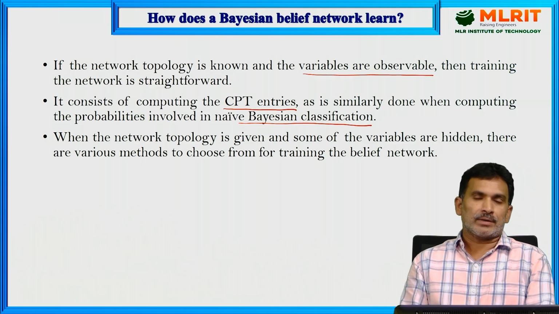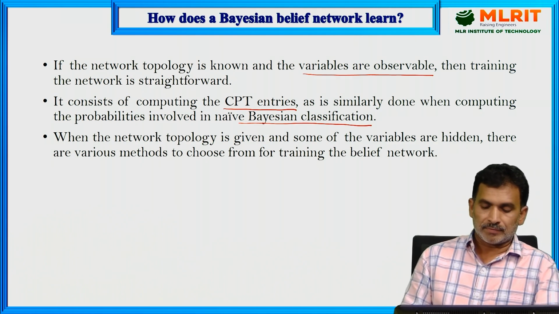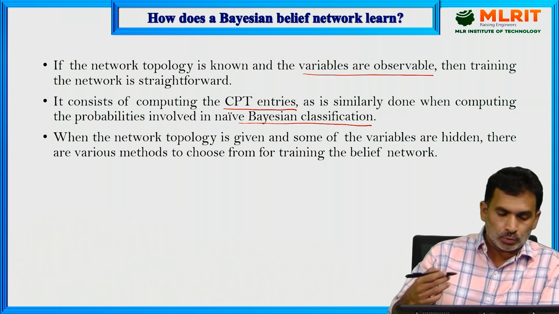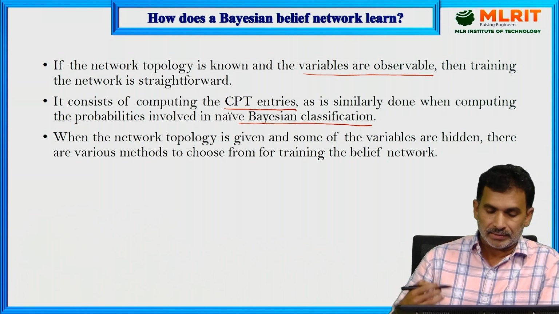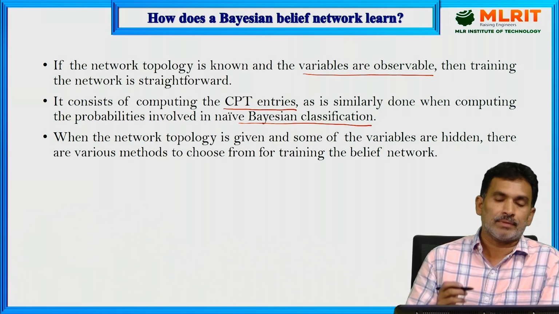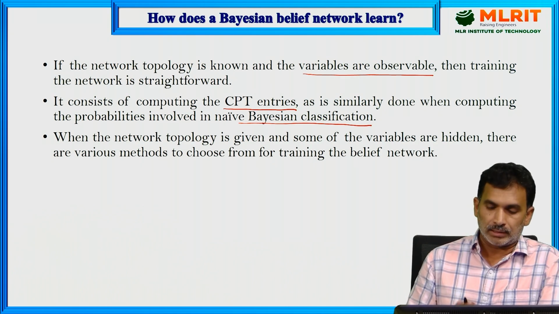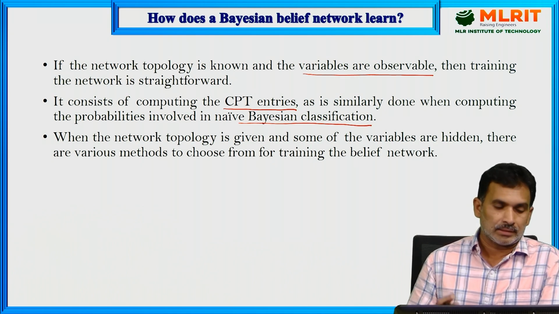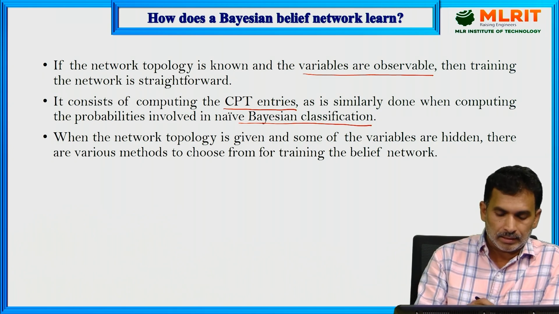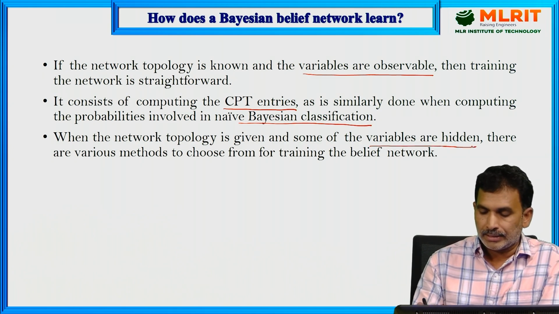We can divide this into two cases. The first is when the network topology is known and the variables are observable, then training is a straightforward approach. The other case is when the network topology is given and some of the variables are hidden.